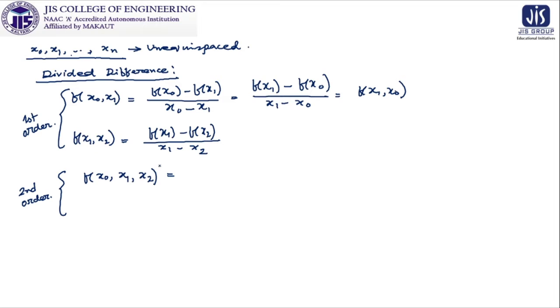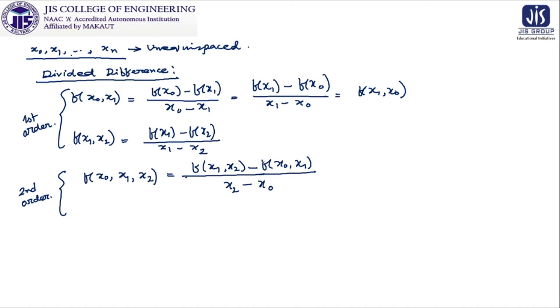According to the definition, if we write it in full, it will be a little bit bigger, but in an intermediate step, like the forward difference and backward difference, we can express it as f of x1, x2 minus f of x0, x1. Look at this, f of x1, x2 and f of x0, x1 are already generated by the first order divided difference formula, and it is divided by x2 minus x0.